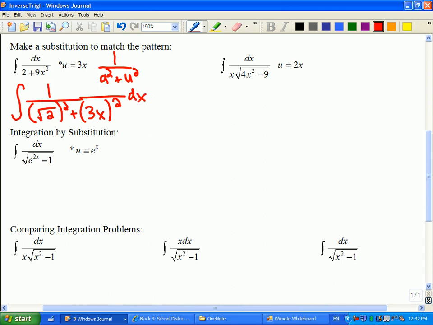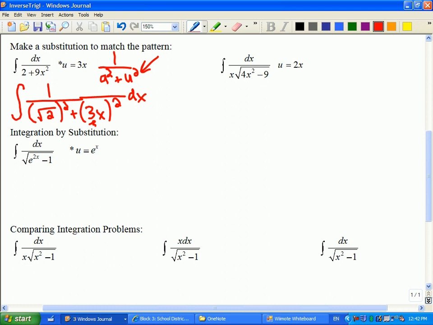So this is the way we would think of this if we were to plug this in for the arctangent. Now, however, we can't just jump in and do it this way because we're no longer working with just something squared. It's 3 times x, and then that all gets squared. There's a 9x now. How do we account for it? Well, the easiest answer is just to tell you that we can make a substitution.